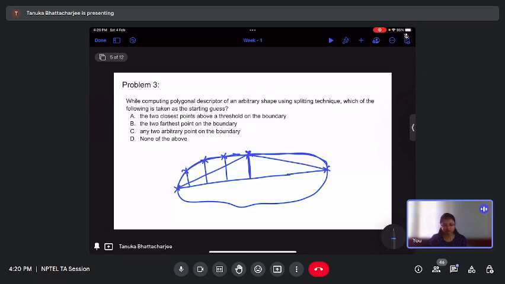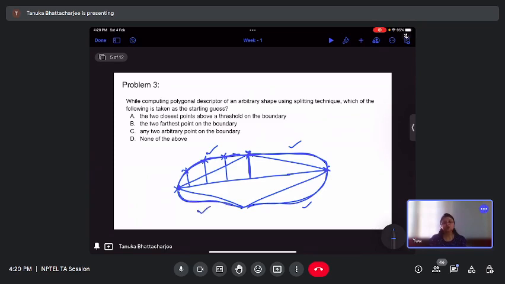Similarly, you do it for this other half also. Now, your boundary is split into more segments. This is one segment, this is another segment, this part is another segment.